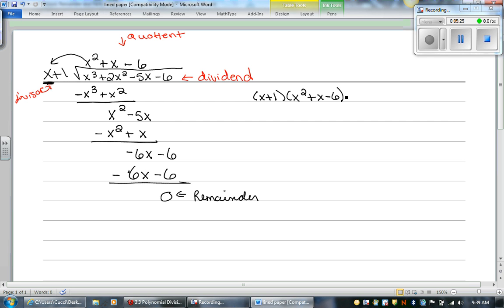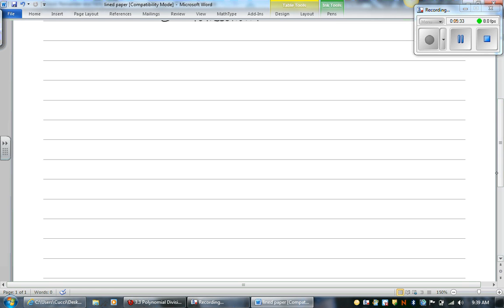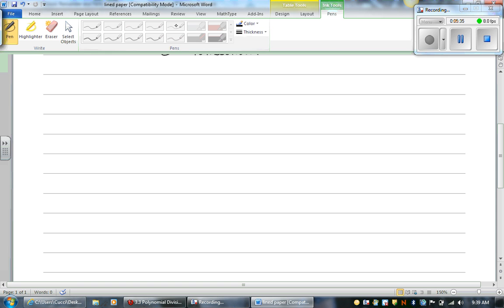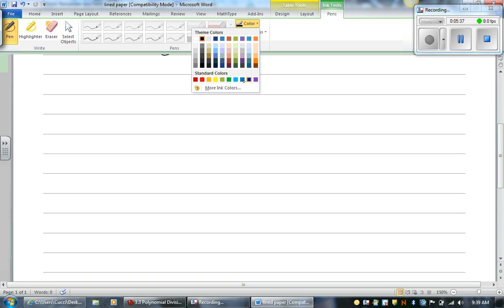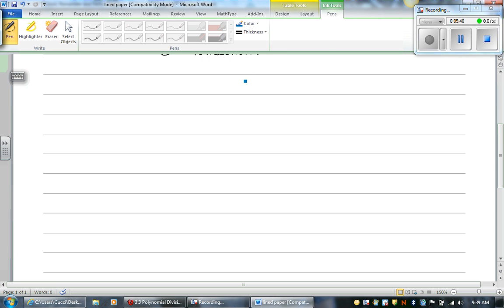Okay, so let's try it with x minus 3. Let's change the color so I know I'm in part 2 here. So x minus 3 divided into x cubed plus 2x squared minus 5x minus 6.